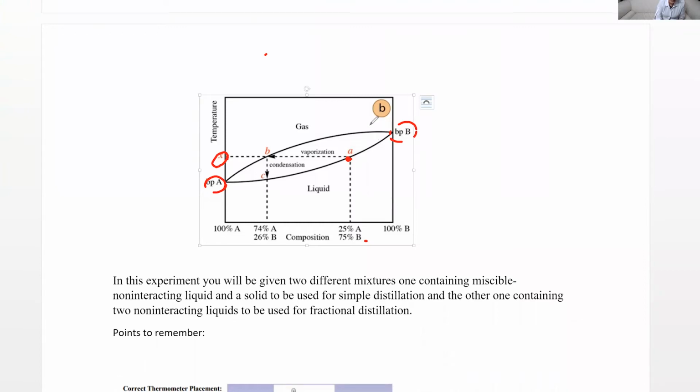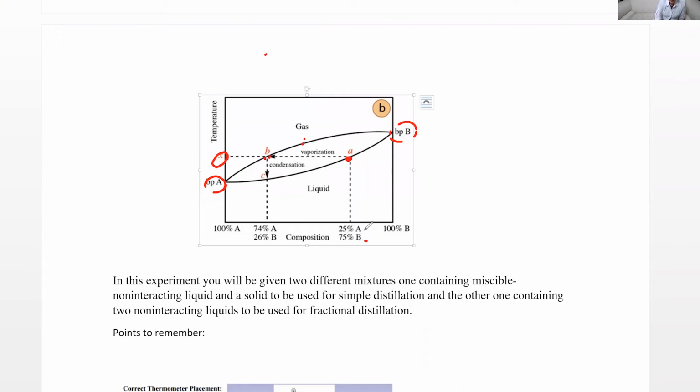If you look at this curve, the lower curve shows the concentration of the sample in the liquid phase, and the upper curve shows the mole fraction or concentration in the vapor phase.